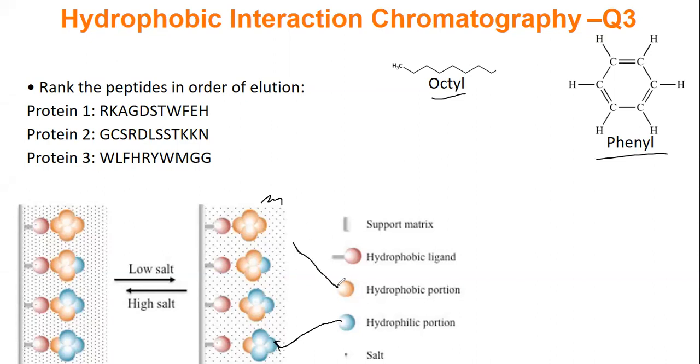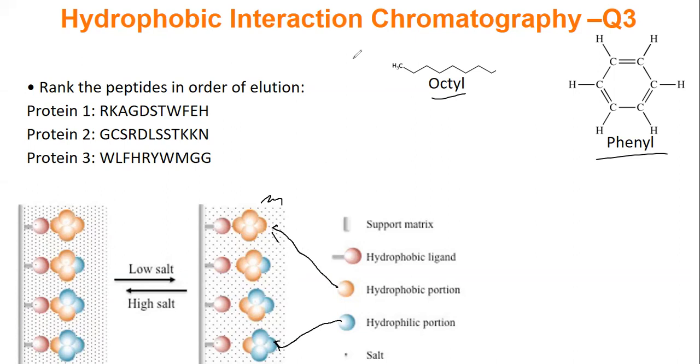The more hydrophobic you are, the more likely you are to stick. So in that sense, it's the opposite of the ion exchange column. In the ion exchange column, we use high salt to knock proteins off. Here, we use low salt to knock proteins off.